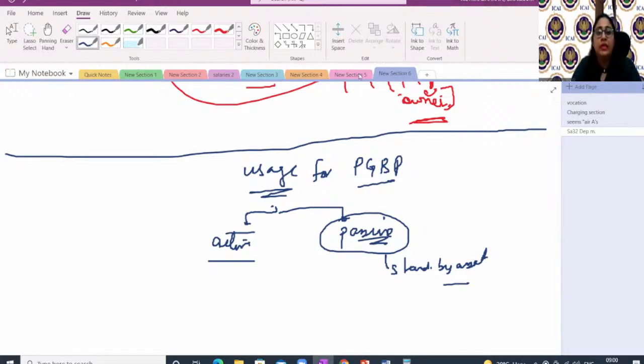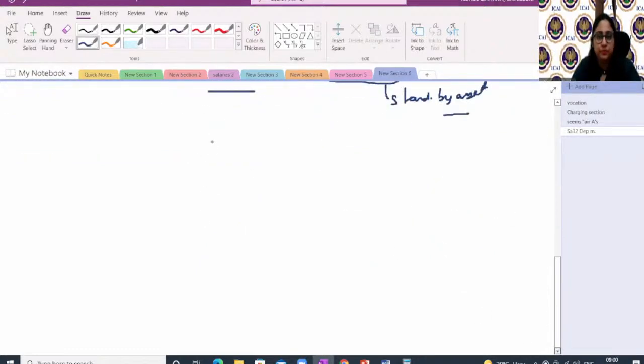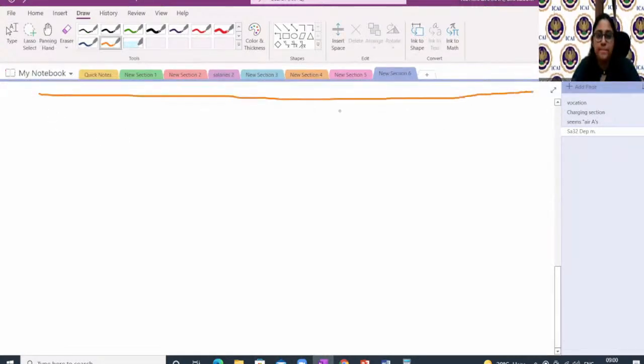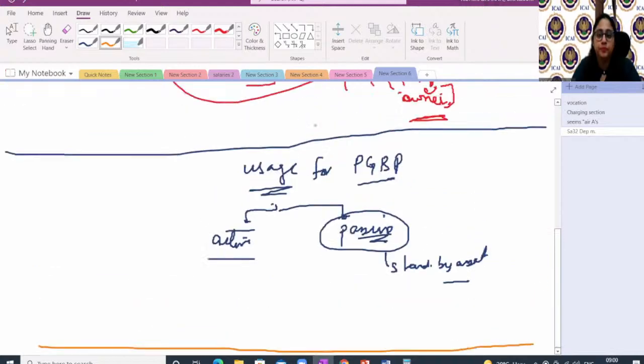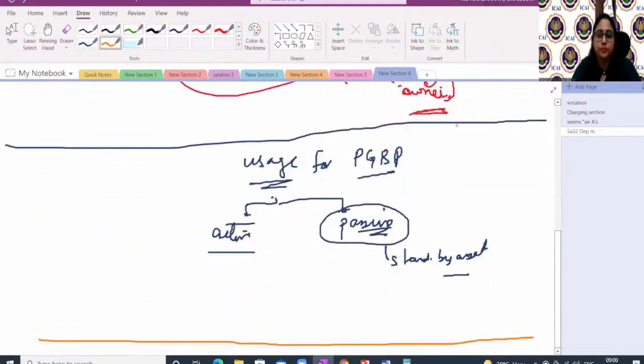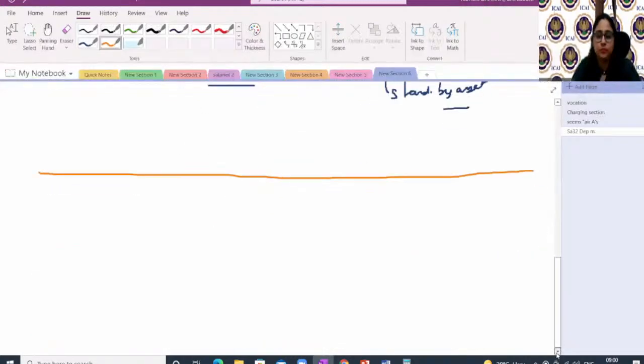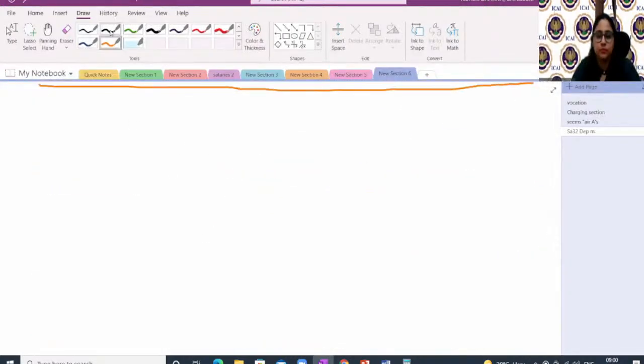To claim depreciation in PGBP, how will you claim that?